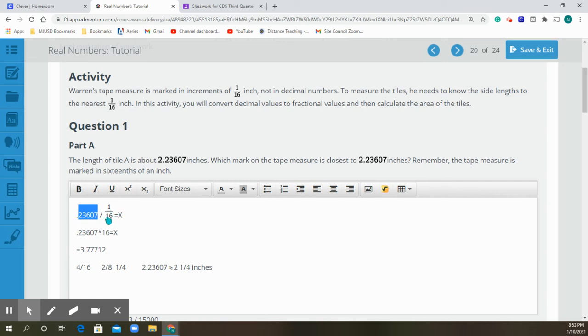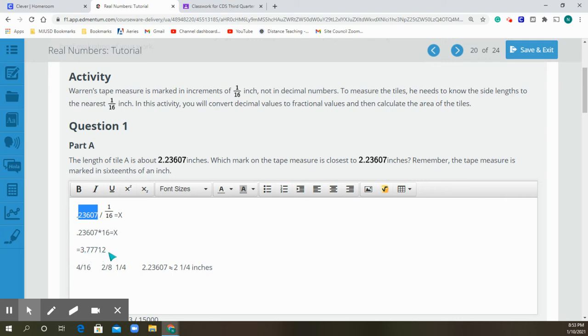In order to get rid of this 1/16, we have to multiply it. I'm not really sure exactly how that works, but when you multiply 0.23607 by 16, you're undoing this right here, and getting it where we know how many sixteenths there are in this.